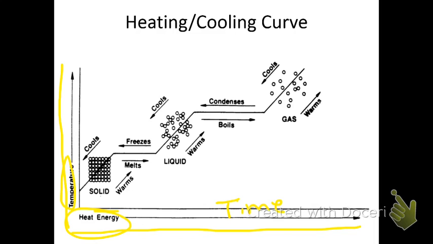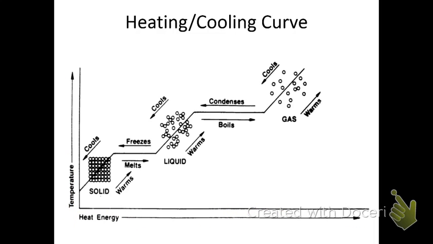The idea is that as you go along and keep on supplying the same amount of heat to the system, the temperature will go up over time. So let's make this a different color. The y-axis is always temp.